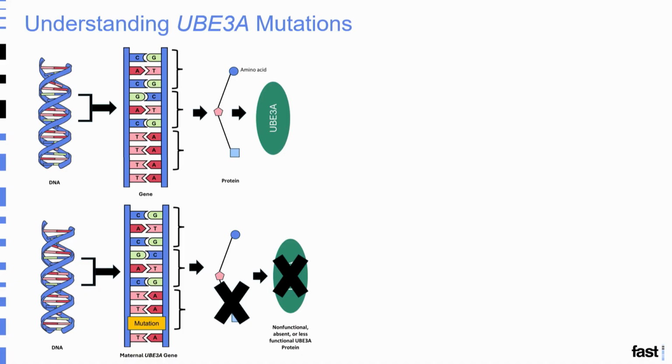That change could be just 1 nucleotide that's affected. It could be 50 or a couple of 100 nucleotides affected. But for it to be mutation AS, it has to be completely within the UBE3A gene. And it's really important to understand that there are hundreds or maybe even thousands of different mutations within the UBE3A gene, and they can all affect the protein differently.